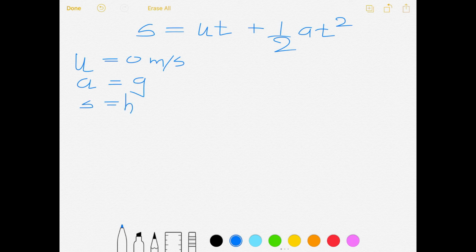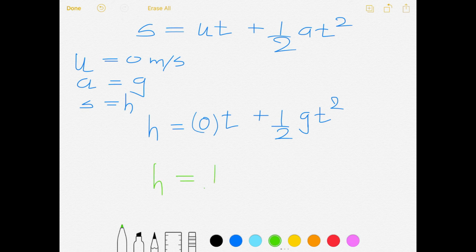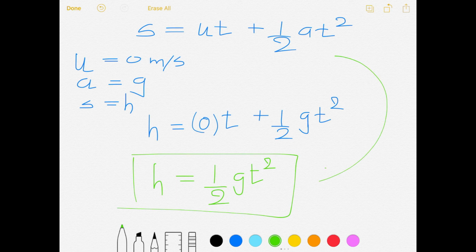So modifying the equation, I get h is equal to 0 times t plus half g t squared. Now 0 multiplied with anything is 0, so the final step of the equation will look like this: h is equal to half g t squared, right? So it is very easy, we need not remember these modified equations.